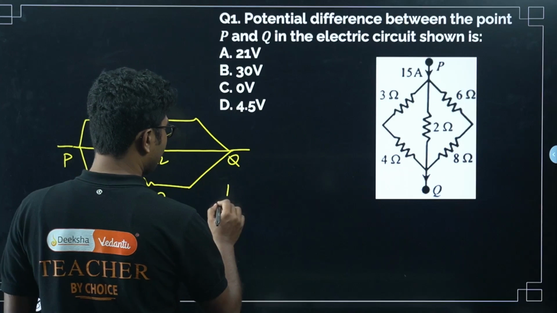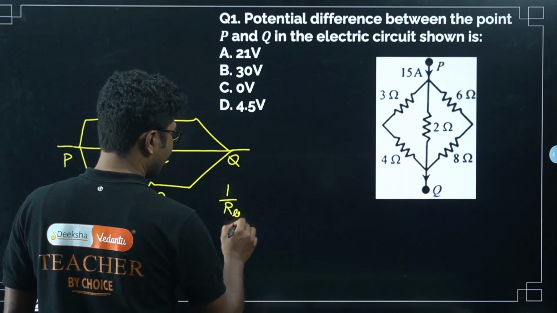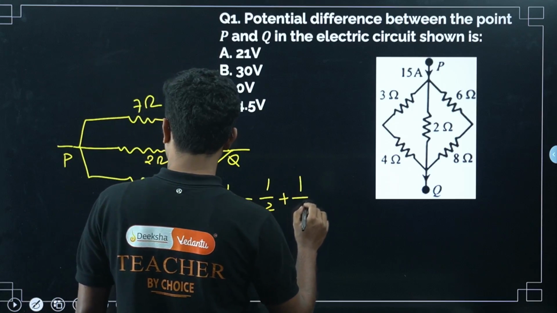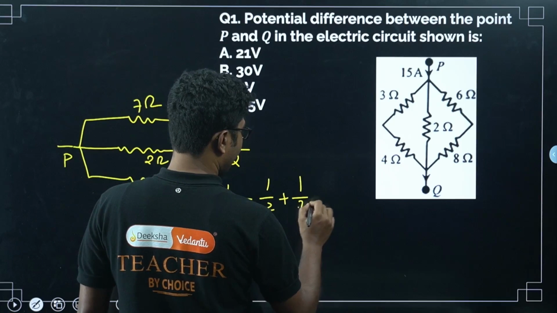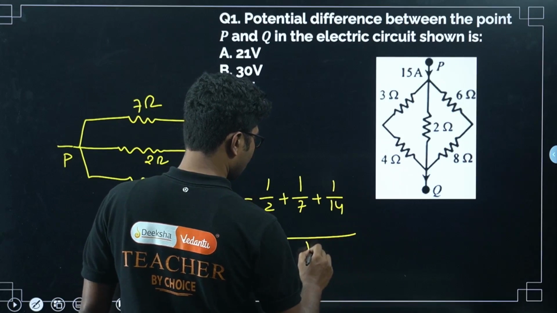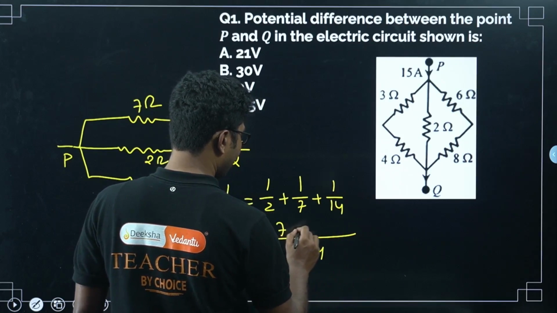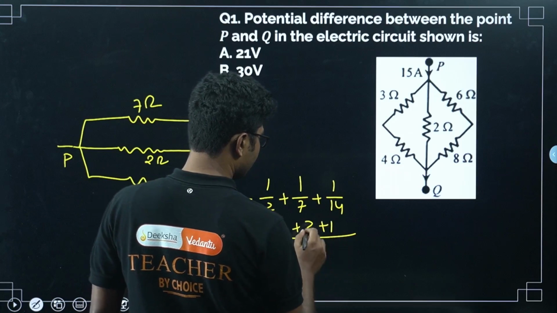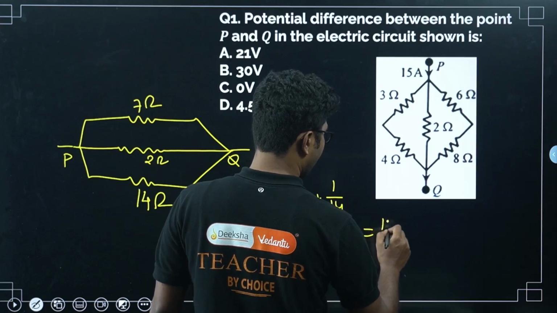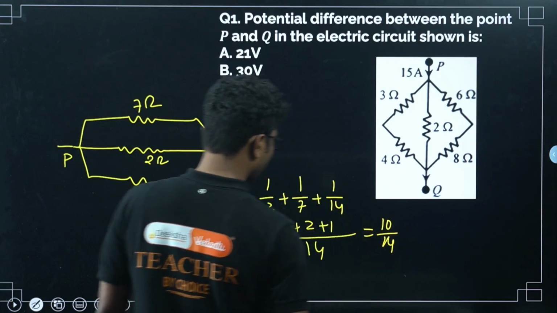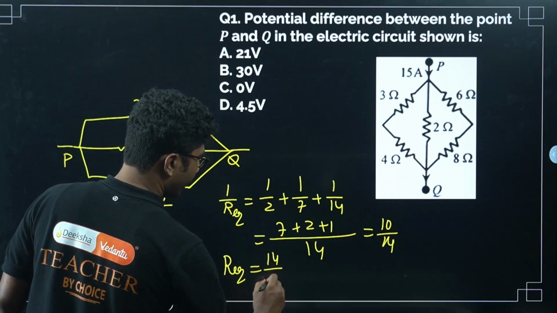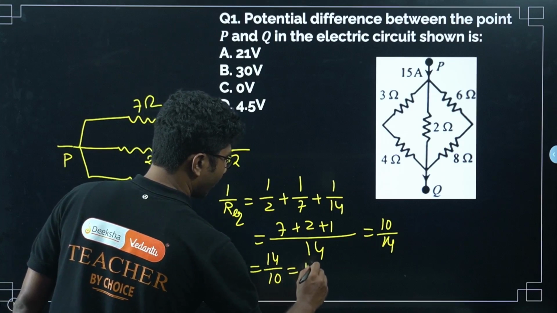Suppose the equivalent resistance is Req, then 1 by Req equals 1 by 2 plus 1 by 7 plus 1 by 14, and the LCM will be 14. So it will be 7 plus 2 plus 1. 7 plus 2 is 9, 9 plus 1 is 10, so 10 by 14. So R equivalent is 14 by 10, don't make mistakes. So it will be 1.4 ohm.